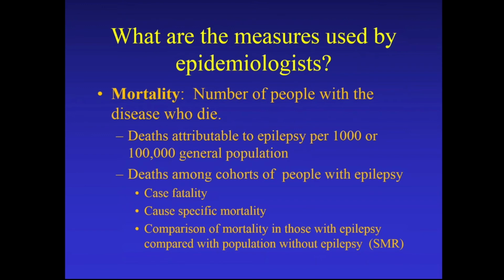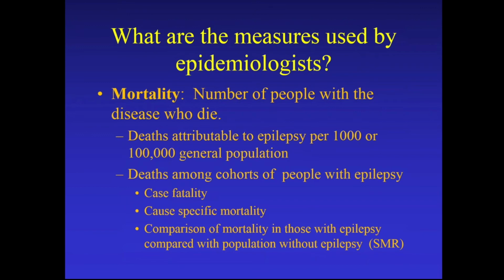In many of the studies of mortality, you see SMR reported, a standardized mortality ratio. And this is a comparison of the ratio of deaths expected, preferably in the non-epilepsy population, compared to that with the people with epilepsy.